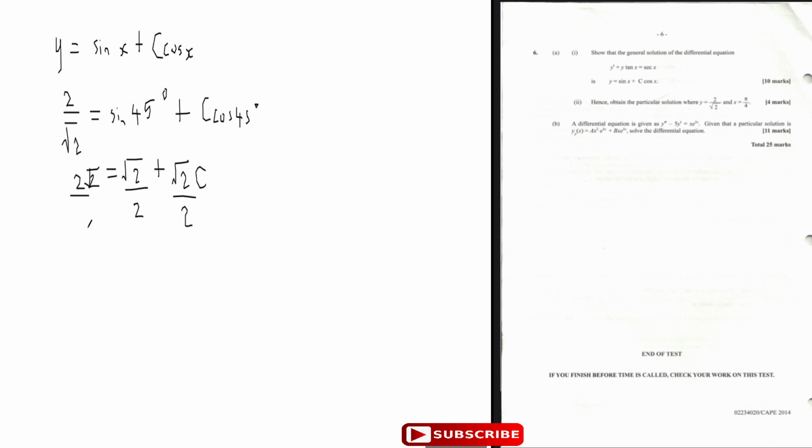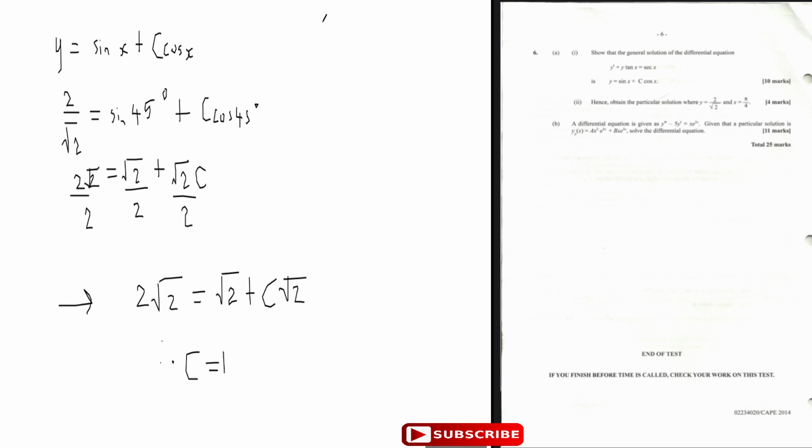Now when the denominators are the same, I can equate the numerators. And so I have 2 root 2 is equal to root 2 plus c root 2. And so if root 2 is equal to c root 2, then c must equal 1.